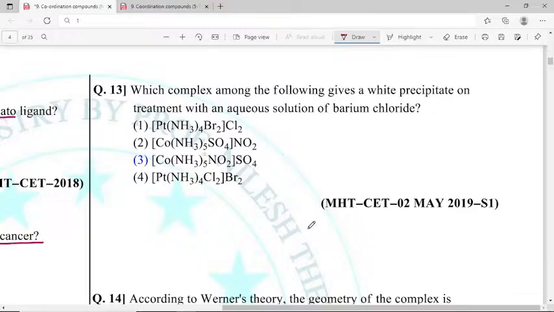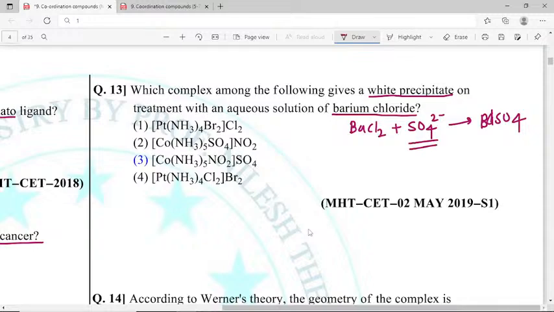Which complex among the following gives a white precipitate on treatment with aqueous barium chloride? So barium chloride plus SO4 2 minus gives BaSO4, barium sulfate. So sulfate should be there outside the coordination sphere.